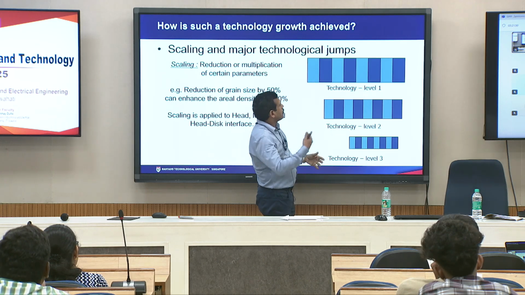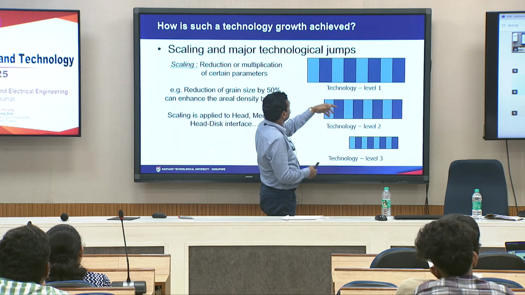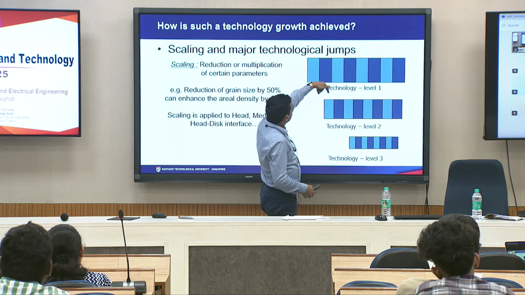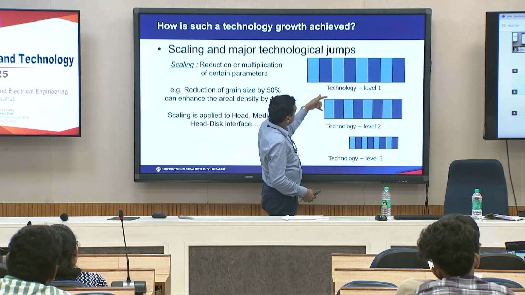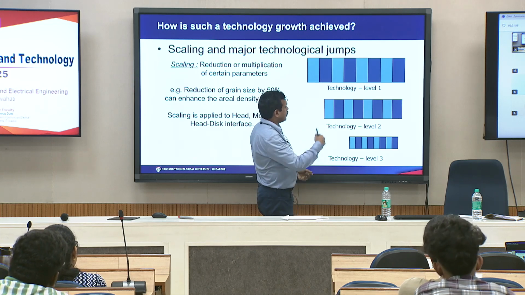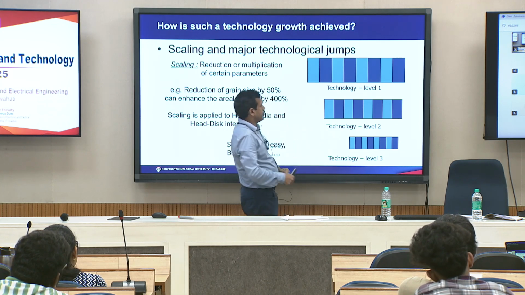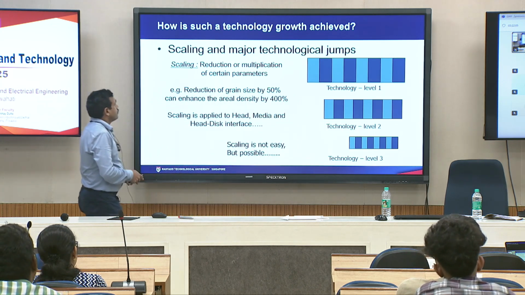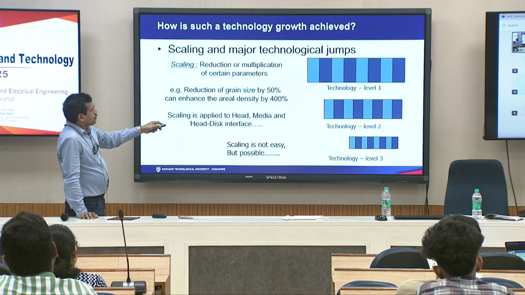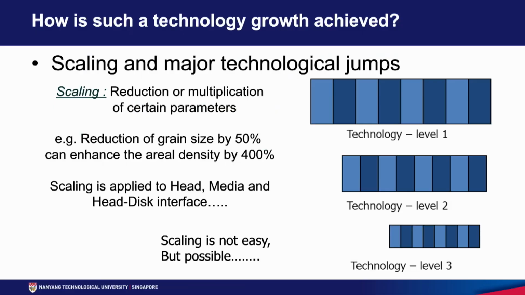Then let us say we create another technology in 1985, we have made the bits smaller in length and width. As we move further, we make the bits even smaller and less wide. This kind of progress is called scaling. So, you reduce the bit length, you reduce the track width by a certain percentage, then we call it scaling.